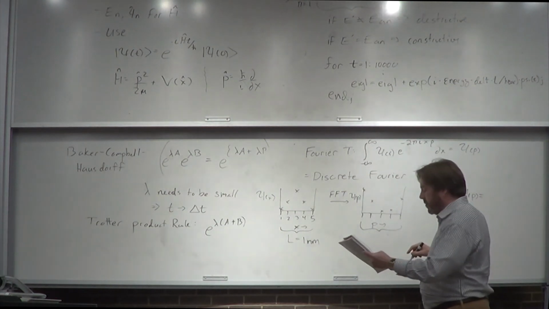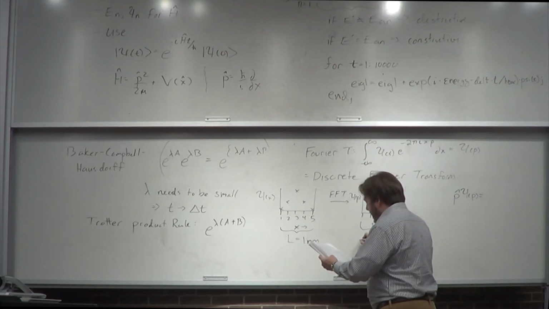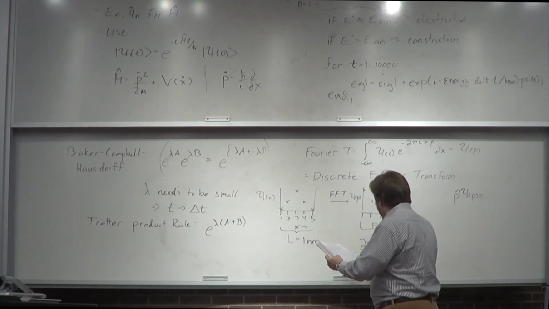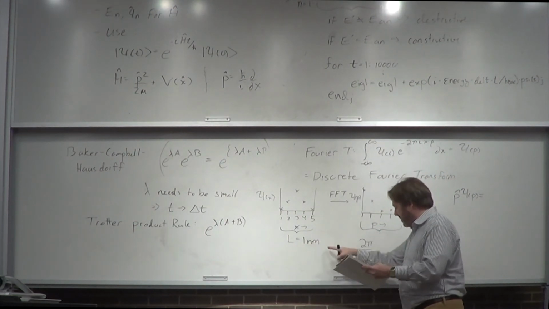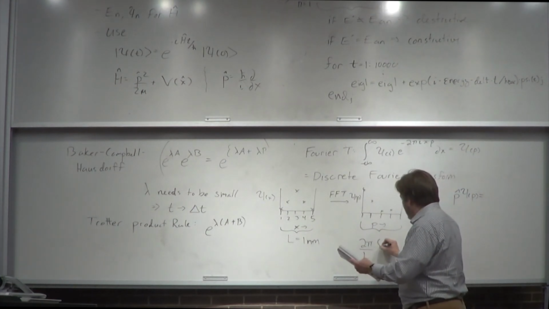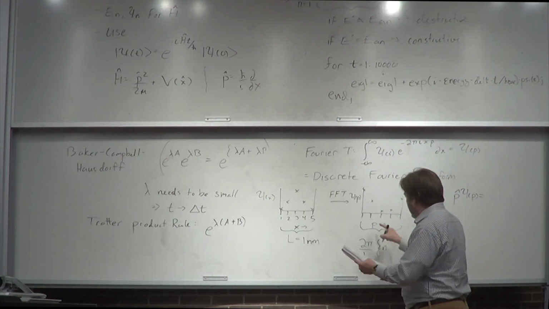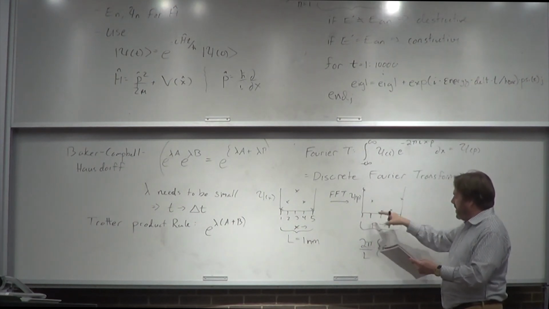Okay, here's how this works. Each point is 2 pi over L. L is 1 nanometer, so you can see how it's easy to translate. This is 2 pi over 2 nanometers times n, where n points to first point, second point.